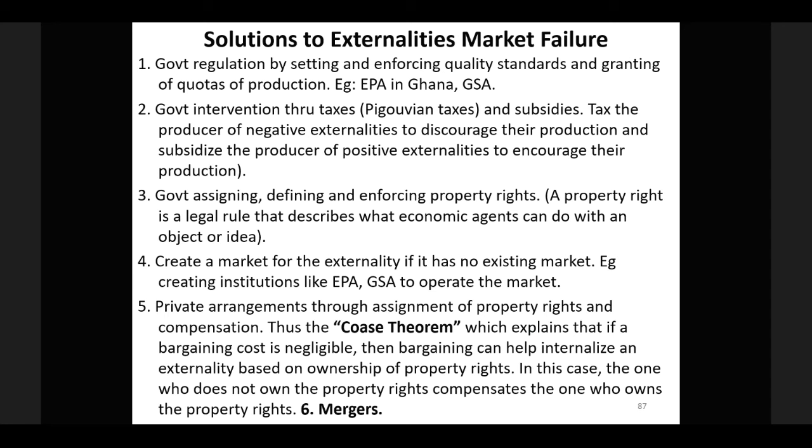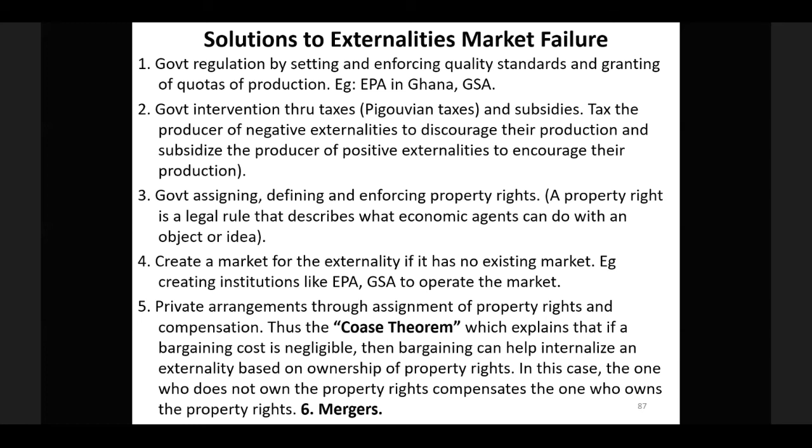For instance, taxing the producer of negative externalities to discourage the producer from producing more of that, and granting subsidies to the producer of positive externalities to encourage the producer to produce more so that society will benefit more, since producing such goods will bring about positive externalities to the economy.